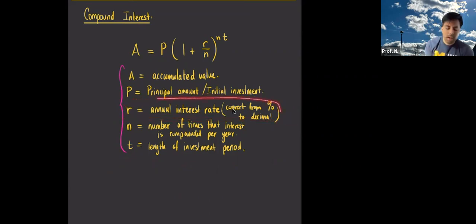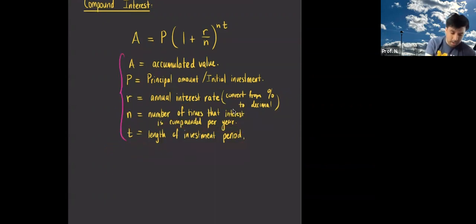You want to know how high or low the interest rate is for your account, for your bank savings account. So many different accounts out there that help you make money. And then you also want to see if they do have this kind of compound interest per year. If they do it once a year, twice a year, 3 times a year, 4 times a year, monthly. So all these things matter. And how long do you want your investing period to be? So these things occur in real life.